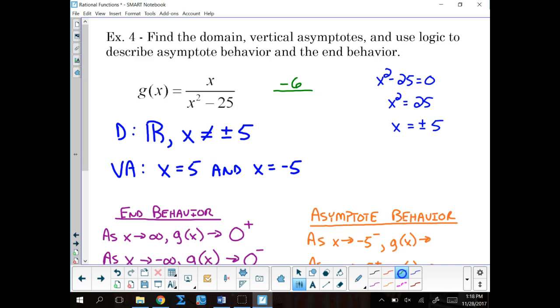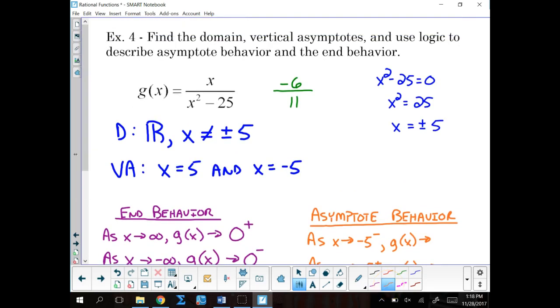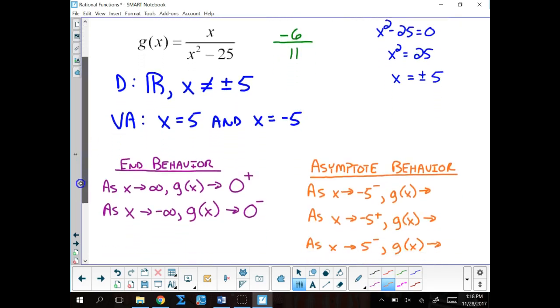Over what? 36 minus 25, right? Which is 11. So what's that one going to go to? Negative infinity, because it's negative. Shooting down.